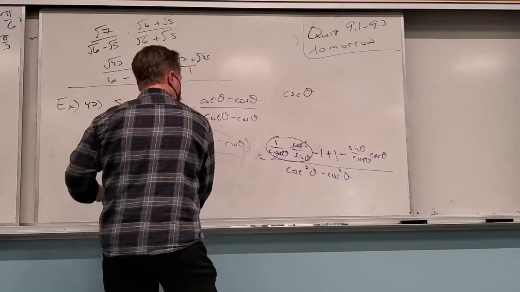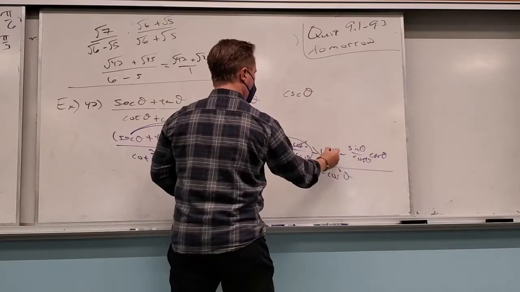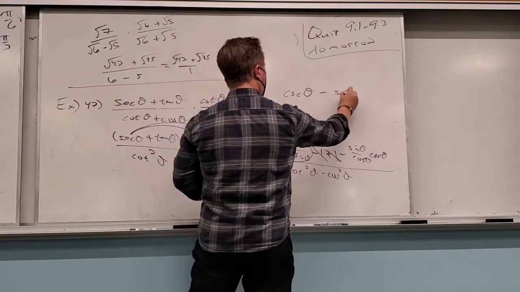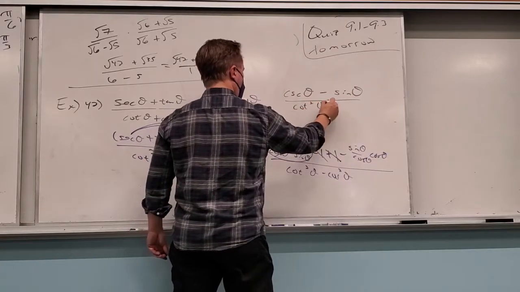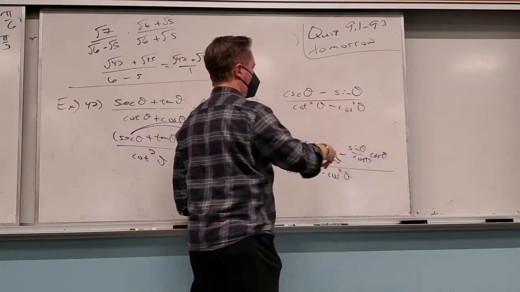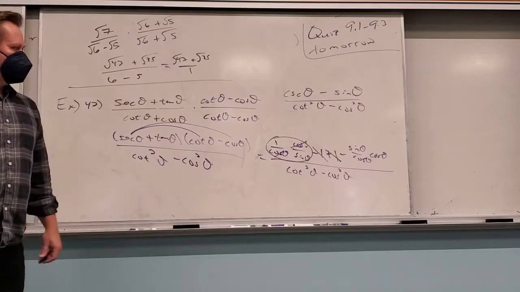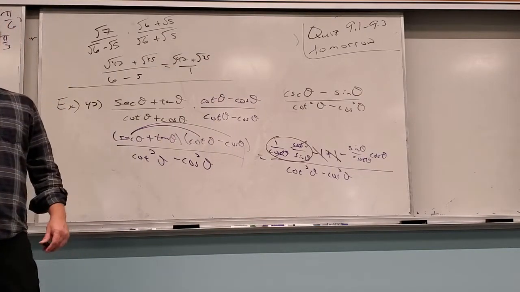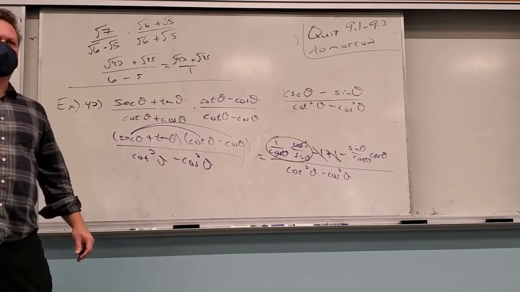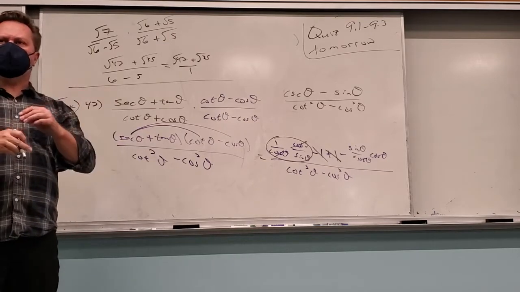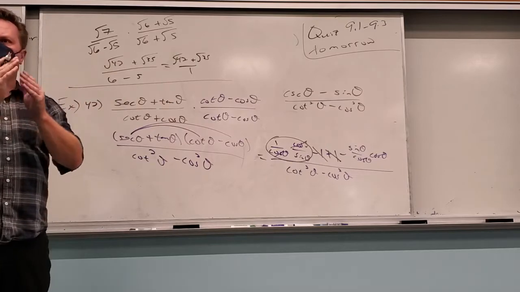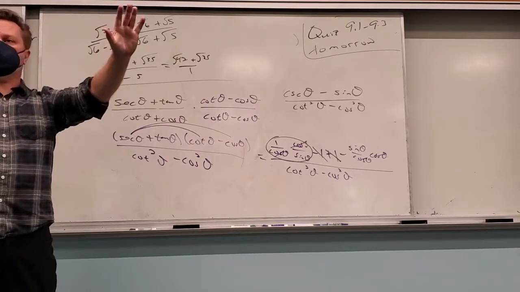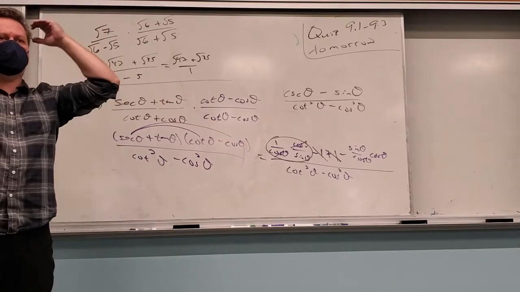Minus 1 plus 1 cancels. Minus sine over cotangent squared minus cosine squared. All right. It's not looking too promising. Some stuff happened, and I could probably keep going, but there might be a better way to do this. So this was just one idea that was thought of.